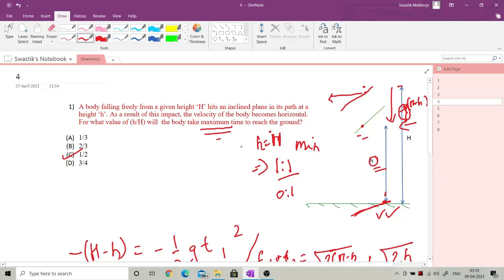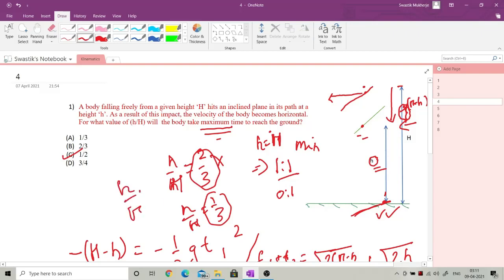Now what they are asking is maximum time. As you saw, there are two identical cases in which it happens in minimum time, so there is no reason for the maximum time to be biased in any one direction, which means that h by H cannot be 2/3, cannot also be 1/3 or anything other than half.